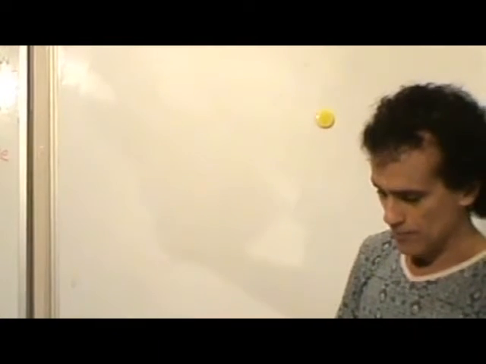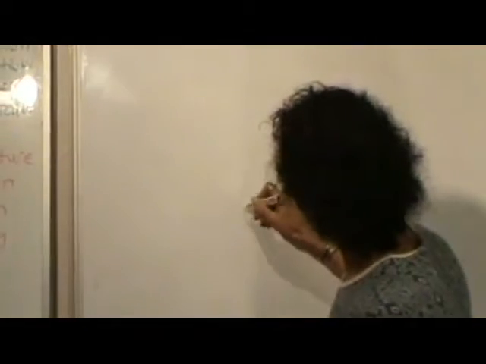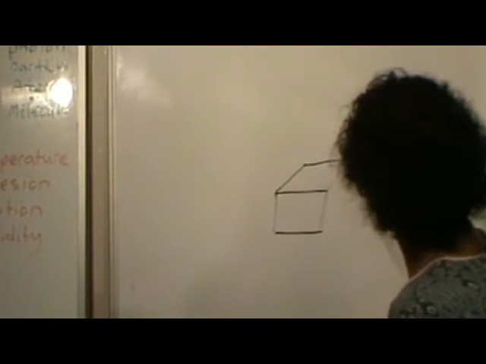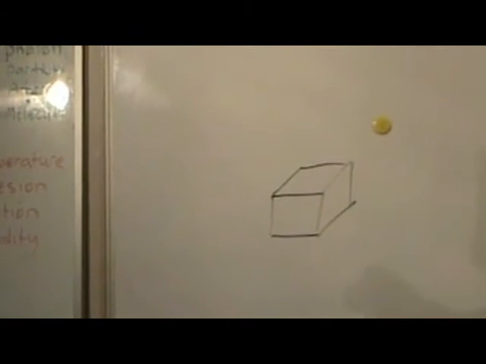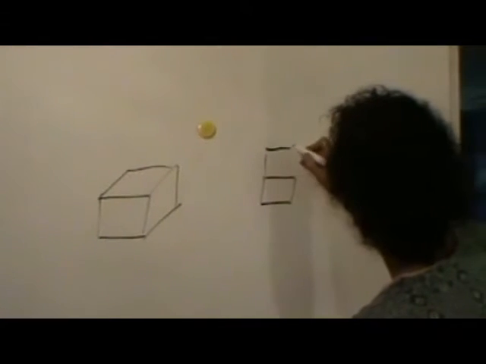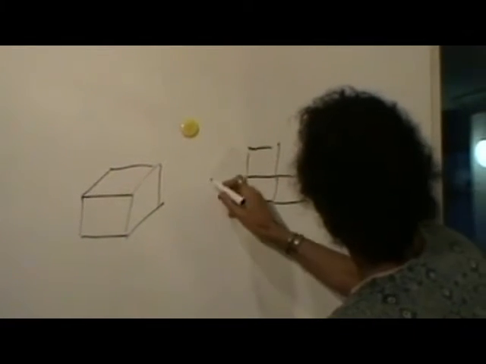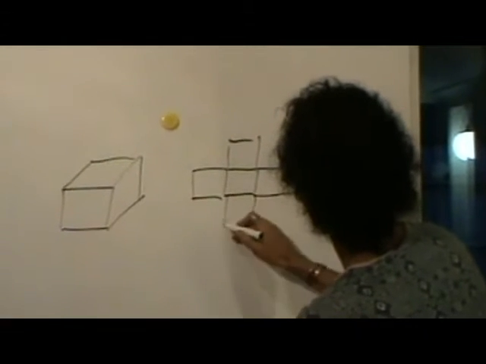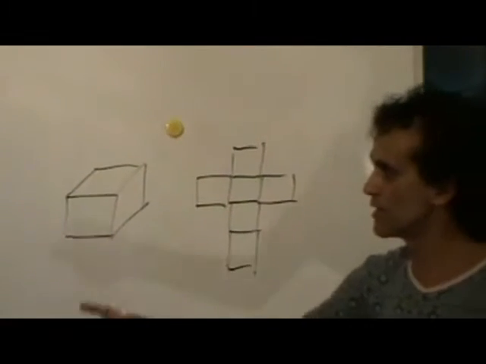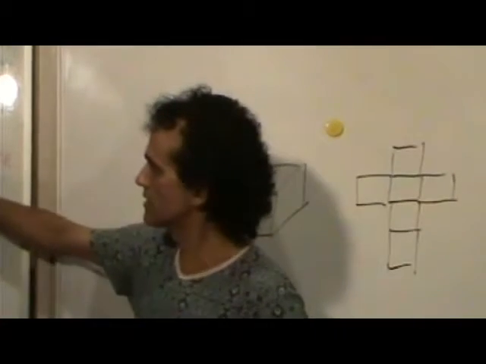Now, what's a hex? That's a hex. What happens when you flat pack a hex? That's the shape you get when you flat pack a hex.